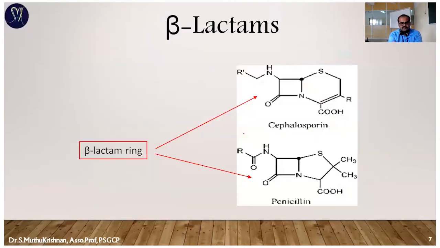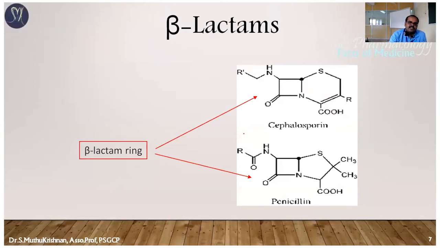Next, we can go deeper into beta-lactam antibiotics. Why is it termed beta-lactam antibiotics? Because it has the beta-lactam ring.